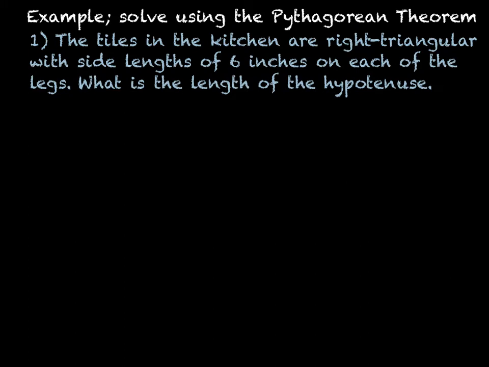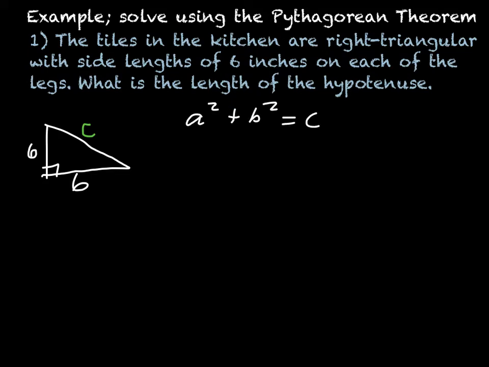For this first example, the tiles in the kitchen are right triangular, with side widths of 6 inches on each of the legs. So this is a leg and this is a leg, 6 inches on each of the legs. And we want to find the length of the hypotenuse. So we'll call that side C. We know our equation is a squared plus b squared equals c squared.